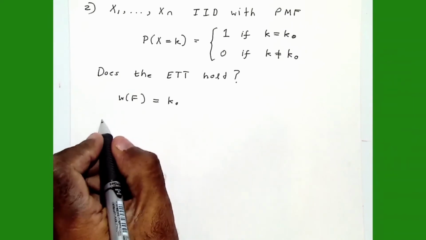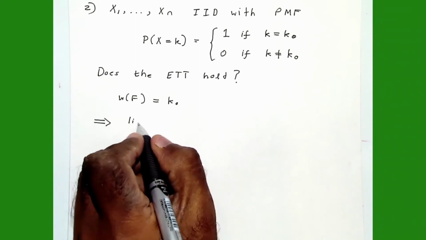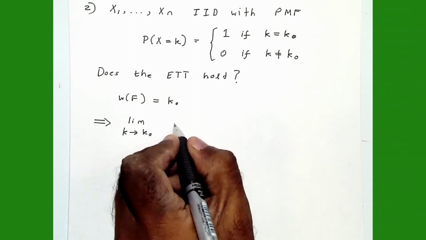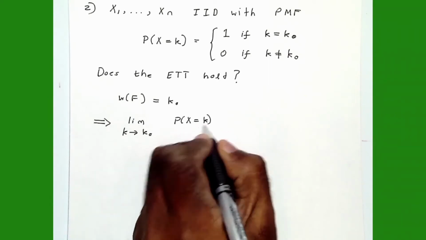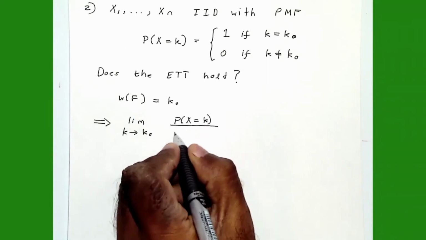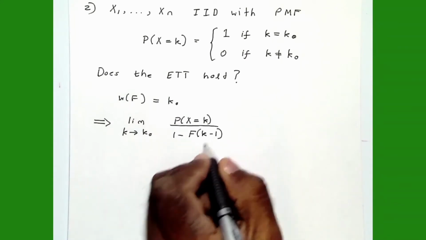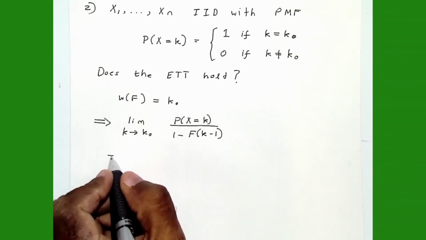What we are looking for is the limit as k approaches k0, because k0 is a fixed number.